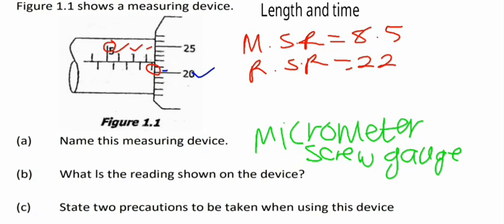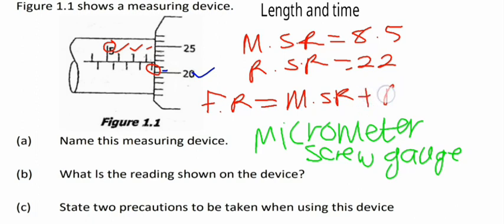But there are some things also that you need to know when taking the final reading. So let me just give you the formula. Final reading is equal to the main scale reading plus the rotating scale reading multiplied by the accuracy. In this case, you need to know the accuracy of the micrometer screw gauge in millimeters and also in centimeters.